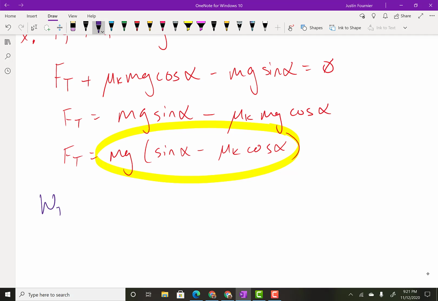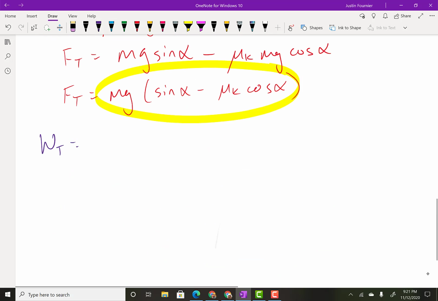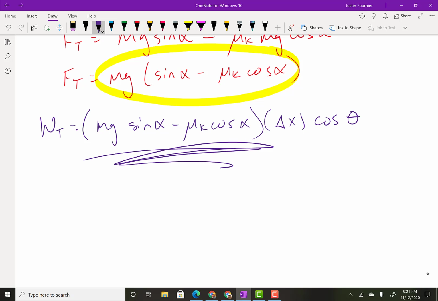So now the work done by the tension force is going to be the magnitude of the tension force itself, right there. So it's going to be mg times sine alpha minus mu k cosine alpha, multiplied by the magnitude of the displacement, multiplied by cosine of the angle between the tension force and the displacement vector.